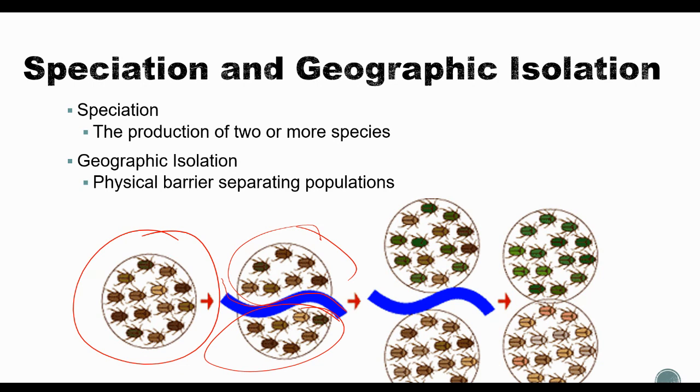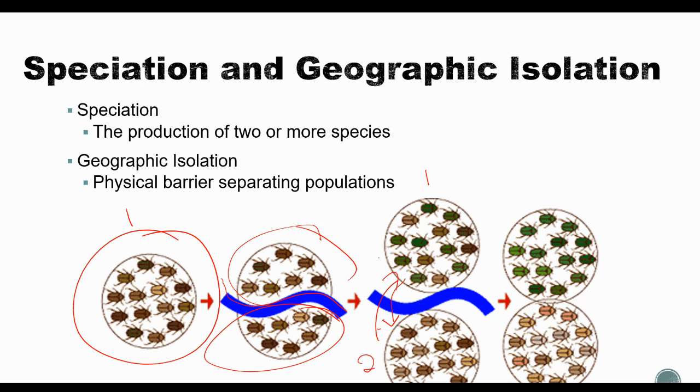After that physical barrier comes in, we have these 2 groups responding separately to environmental changes. Because you don't get any gene flow, you don't get any moving back and forth between these 2, they're going to act as 2 separate populations. So here we had one population, here we have population 1 and population 2, okay?